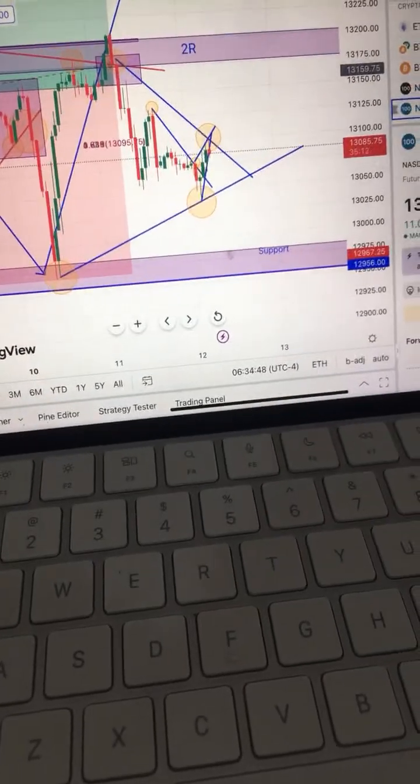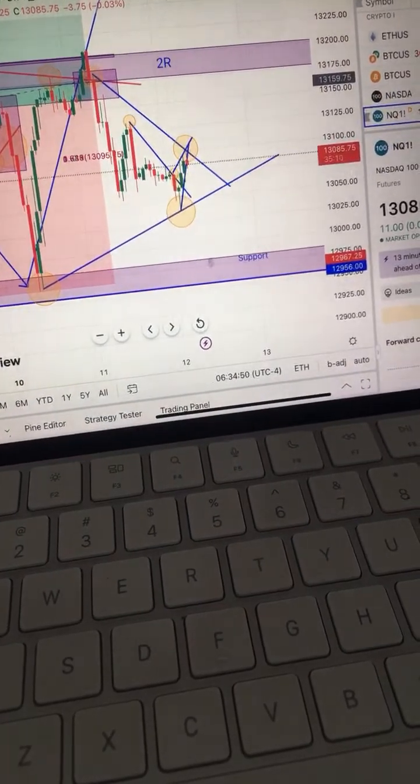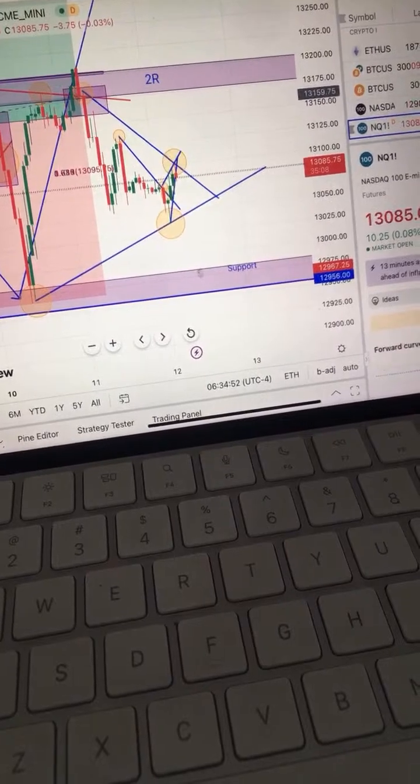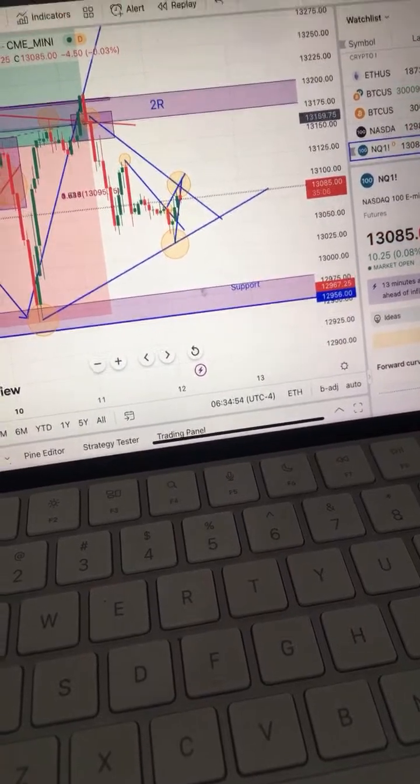I am thinking of buying trades, but let me do this so that it will be easy to explain.